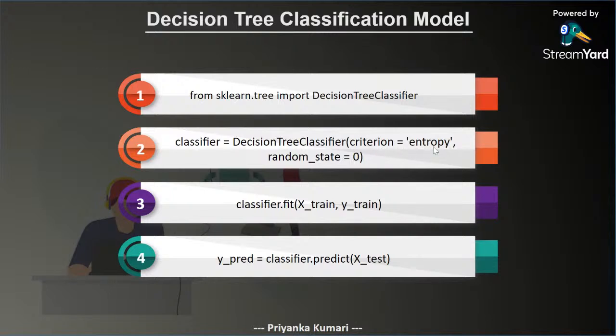The default value of criterion is Gini, but here we are using entropy because it usually normalizes the data. So for that we prefer to use entropy, and here the random state is again passed as 0. Then we train the model using the dot fit function, passing the training data set, and then we predict using our model by passing the testing data set.